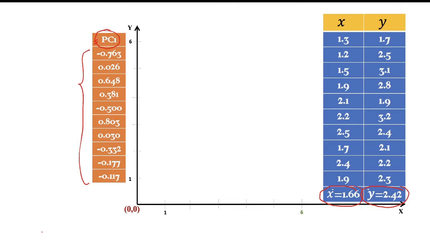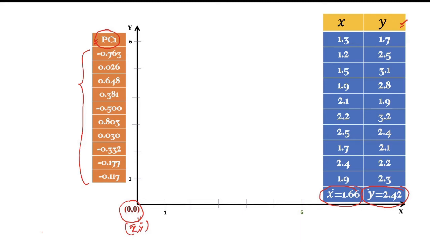For that, this is the origin of the given dataset for xy. Since we want to plot the PC1 values, this origin needs to be moved to another point, with x bar, y bar as the origin.